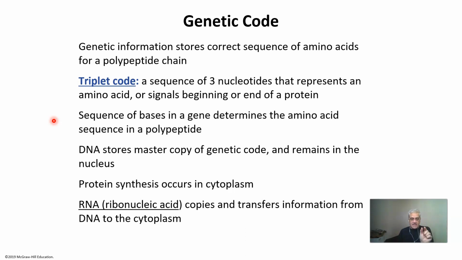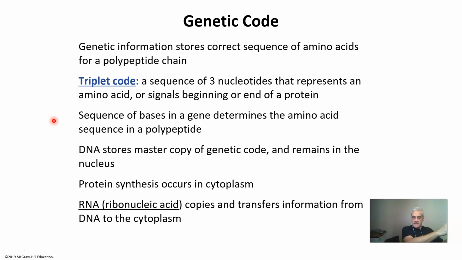So if each one of those amino acids is coded for by 3 bases in the DNA, you have to have the 3 that represent this amino acid next to the 3 that represent the next amino acid, and so on and on and on.